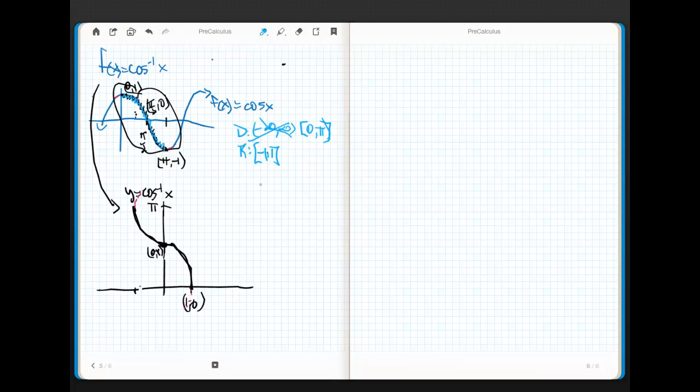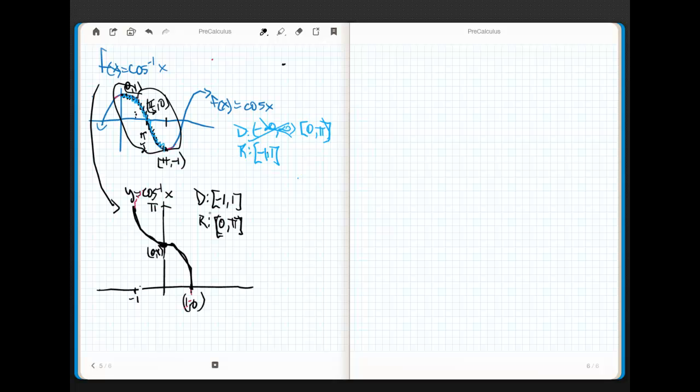I still have the same range, which is nice, because when I stick it back in here, I know that this inverse cosine function's domain is the same as the range. So I go from -1 to 1, which we can look at it and tell, right? If I were to shadow this like glass, it would fall on the x-axis from -1 to 1. I know that its range is from 0 to pi. Those should be brackets.